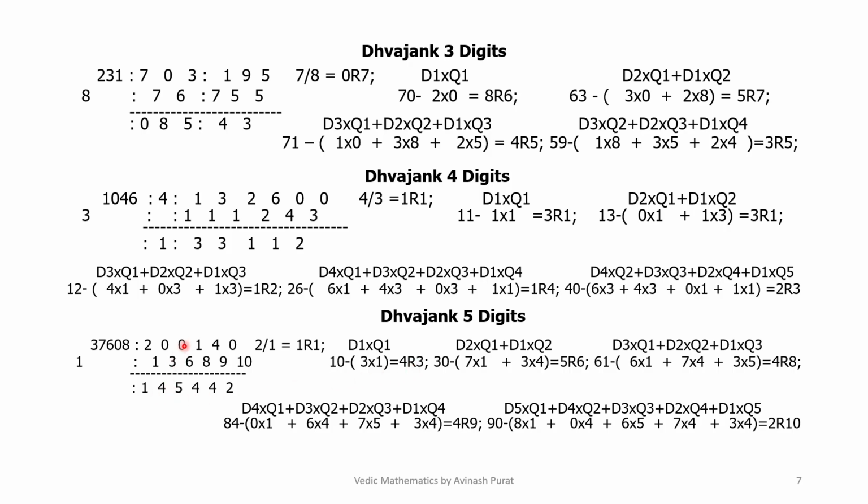So 30 is next dividend minus D2 into Q1 and plus D1 into Q2, that is 30 minus 7 into 1 plus 3 into 4, that gives you 5 quotient and remainder 6.